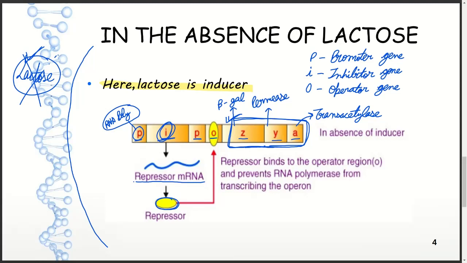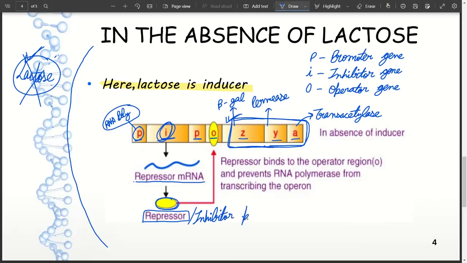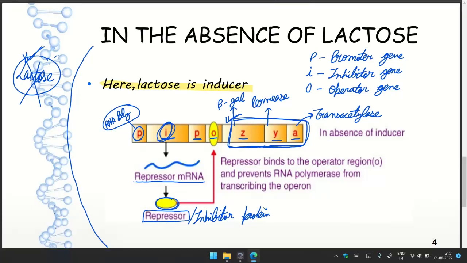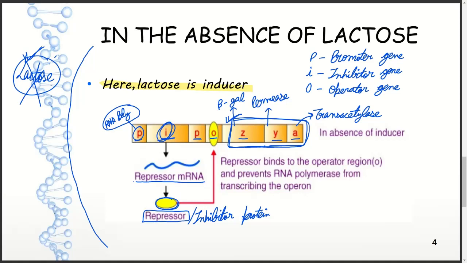This mRNA undergoes translation, and a protein is synthesized. The protein is known as the repressor protein, or you can also call it the inhibitor protein. It's your wish what you call it, inhibitor protein or repressor protein.